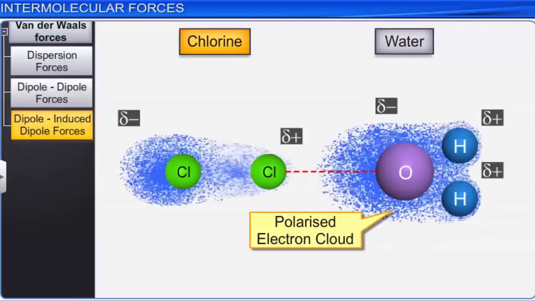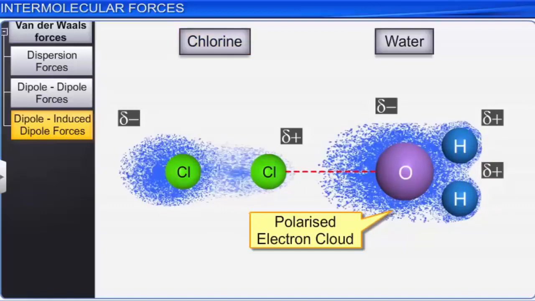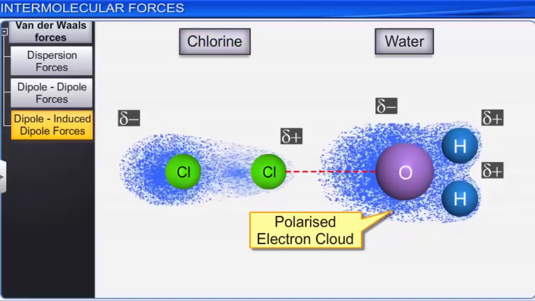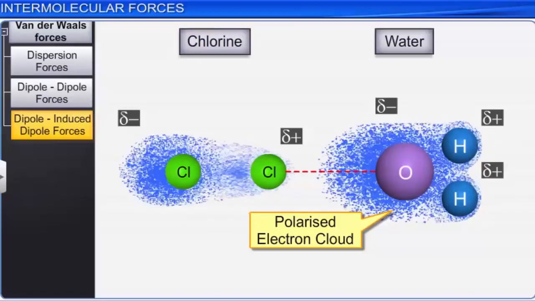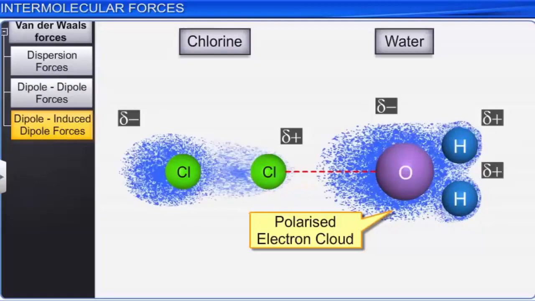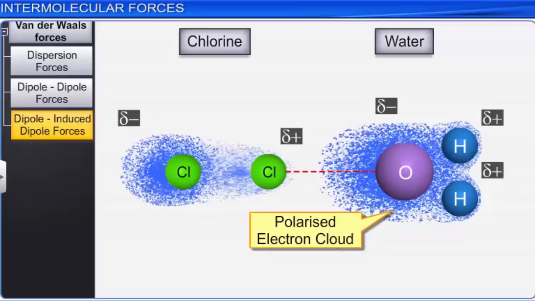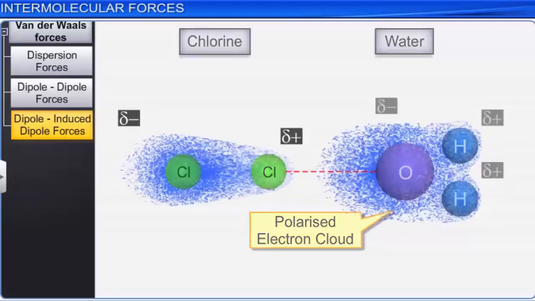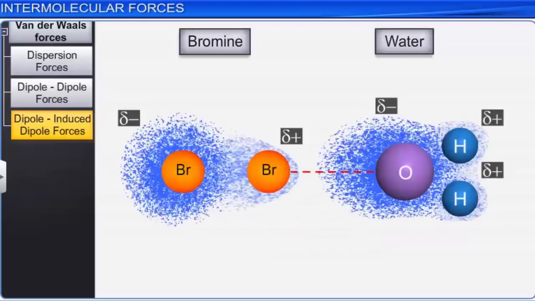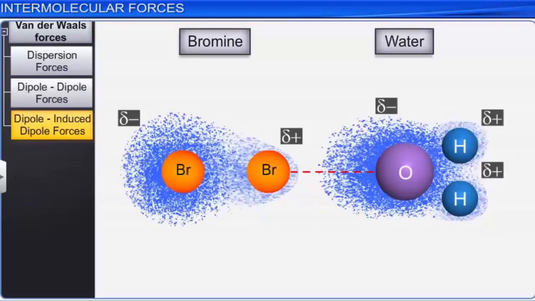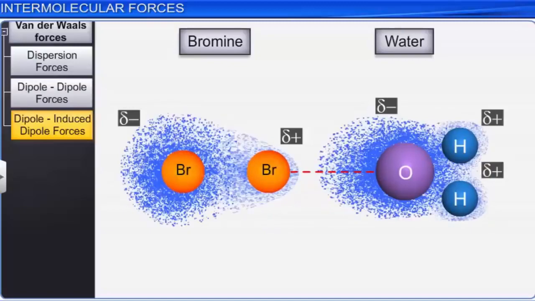The induced dipole moment depends upon the dipole moment present in the permanent dipole and the polarizability of the nonpolar molecule. The larger the size of the nonpolar molecule, the higher is the polarizability, and hence the greater is the strength of the attractive interactions.